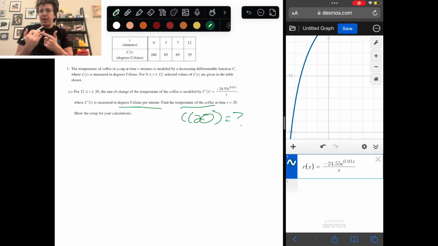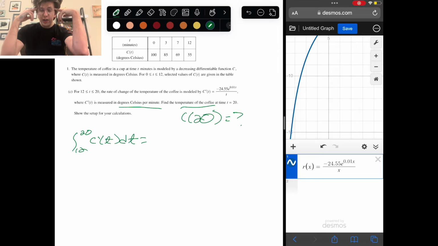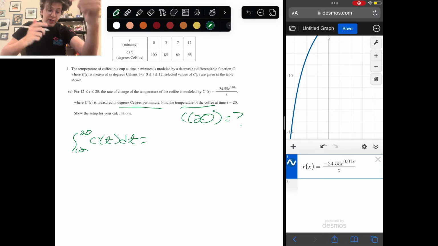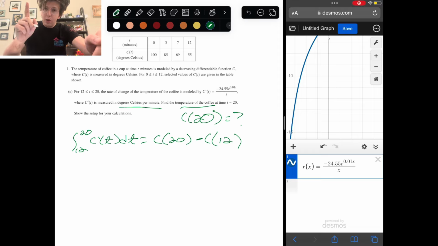Okay, so a couple of things we need to figure out. Let's just figure out what the integral is real fast. But before that, I'm going to say, hey, the integral from 12 to 20 of C prime of t dt. Think about this logically, right? Using the FTC idea, that is just equivalent to our antiderivative, which is C, when I plug our upper bound in, minus C of 12. So our goal is to get C of 20.